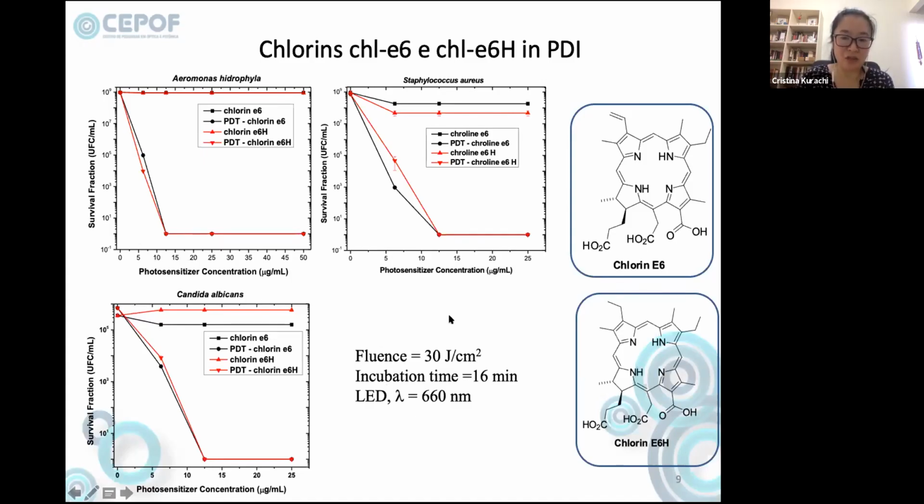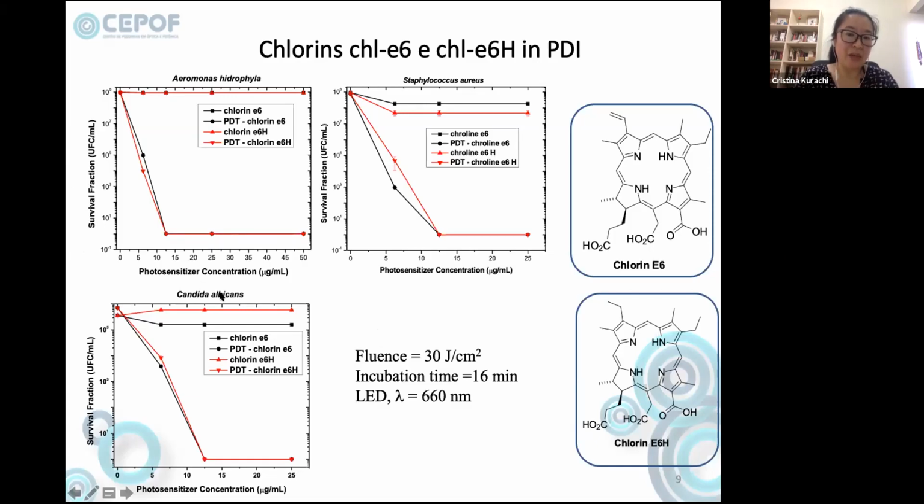In this case, we just set the same parameters of incubation time and also the fluence, or the energy dose, that we deliver to this microorganism culture. And then we can check the survival fraction, for example, in colony-forming units per mL.